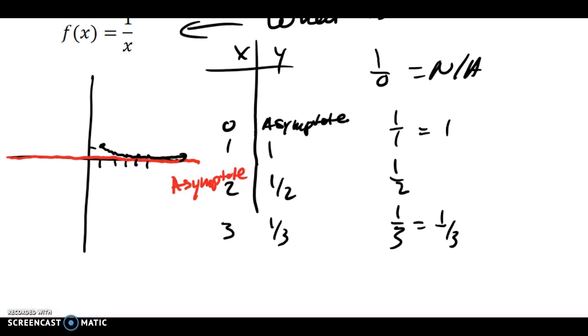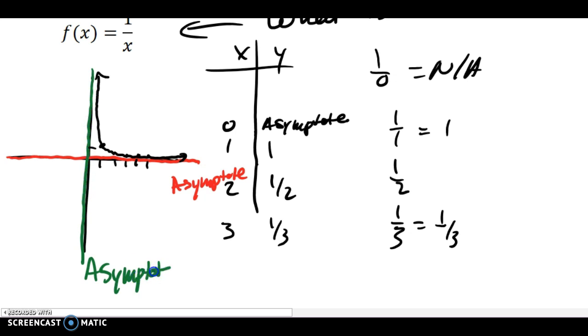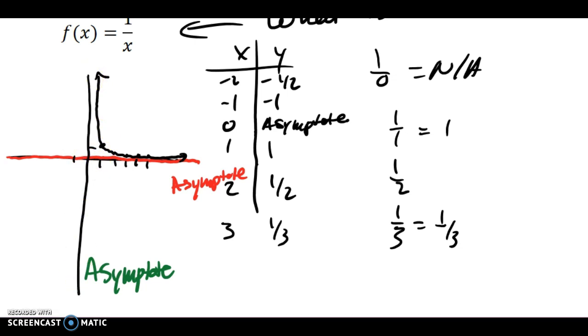Okay? Now the same thing's going to happen over here. If I start picking numbers that are decimals, I'll start going up just like that. And that means the y-axis here in green is going to be another asymptote. And then I can put negative numbers in, and it's going to do the same thing.